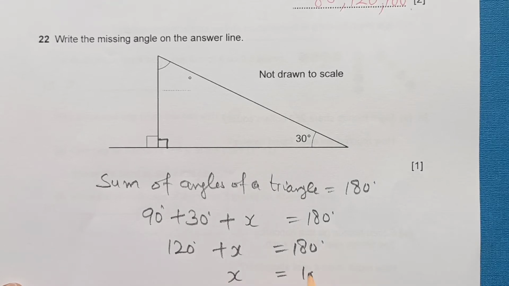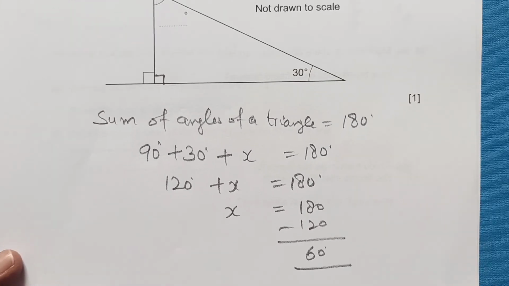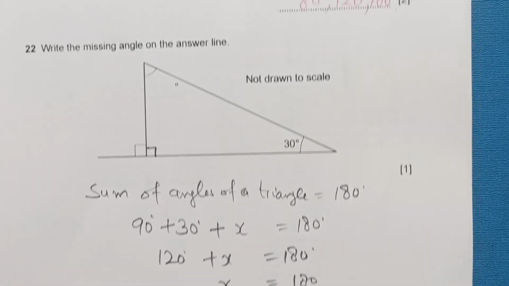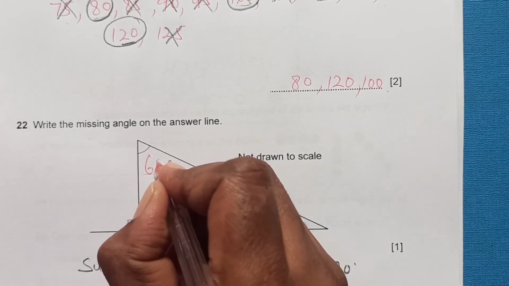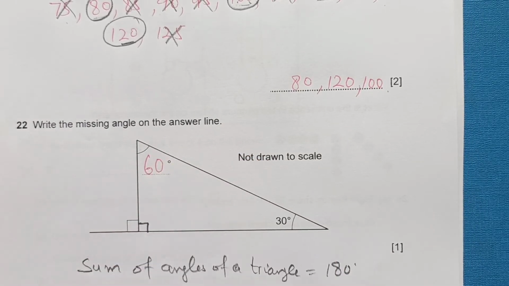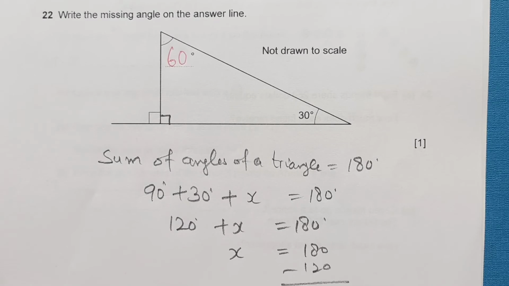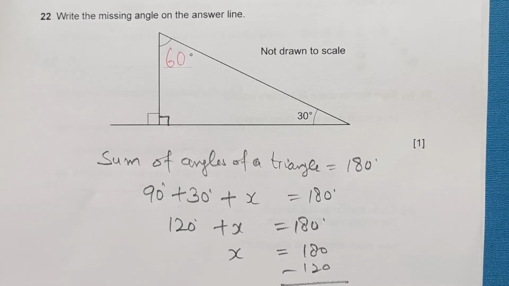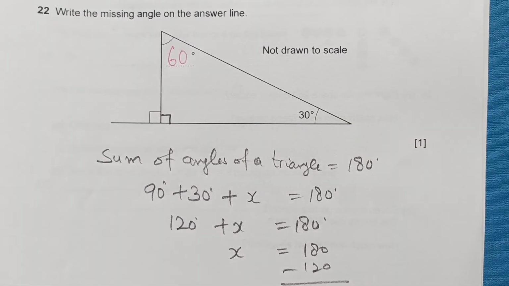So x will be 180 minus 120, which is 60. So the final answer is 60. We are going to write it down here, 60 degrees, right? So that's it, number 22. Let's move to the next one, number 23.